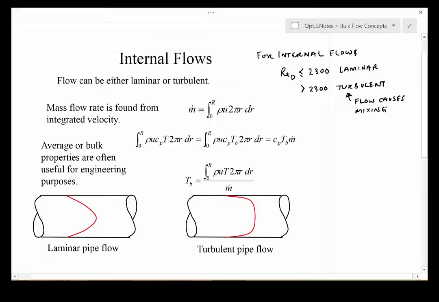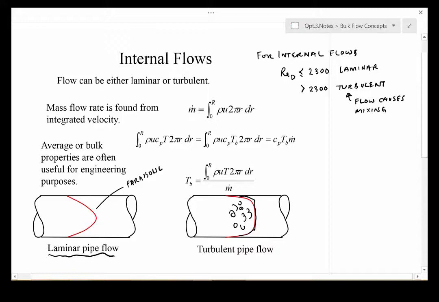If we were to look at the velocity profiles here at the bottom, a laminar pipe flow has a parabolic velocity profile, whereas the turbulent pipe flow has a much flatter velocity profile but sharp changes in the near wall region. And again, it's the intense mixing that's causing this flat profile.